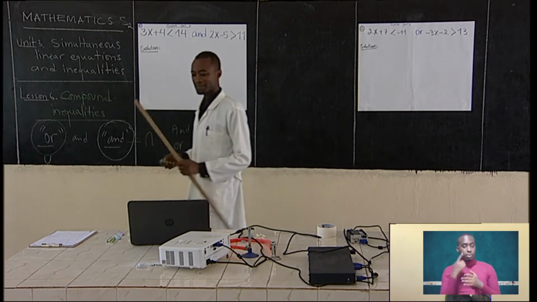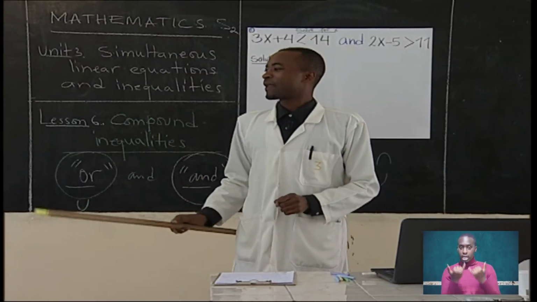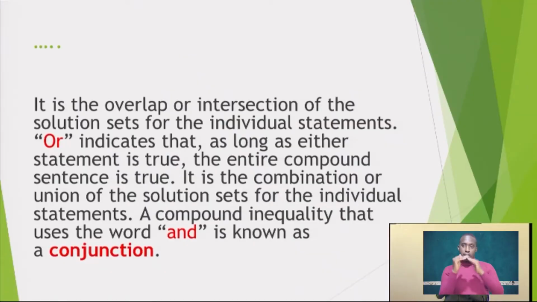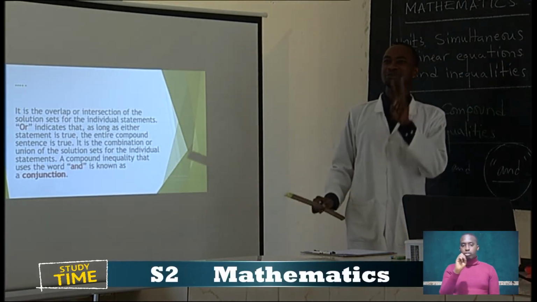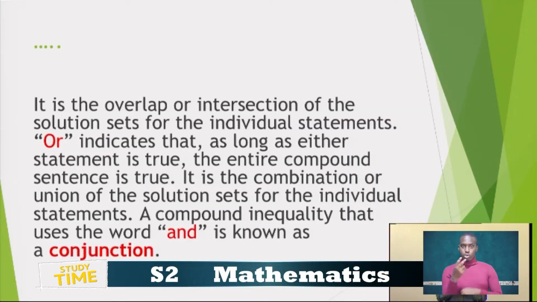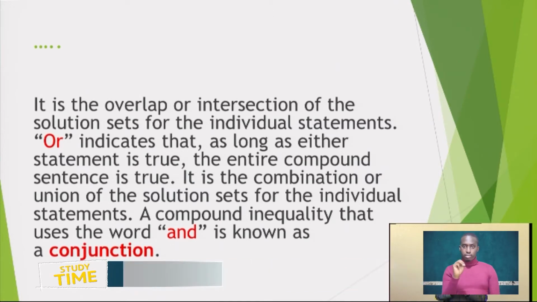Do you see this? Now, a compound inequality that uses the word and is known as a conjunction. Now get this. Whenever I have two statements that use the word and, we will call it a conjunction.